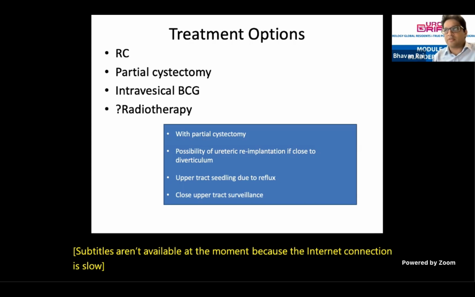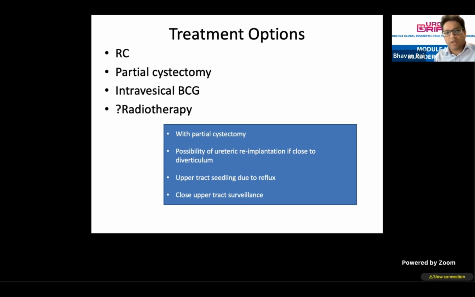But this is one of those cases which requires close and careful consultation with the patient. This is a shared care decision process, and I don't think there's any convincing evidence to suggest one is better than the other. Would the rest of the panel agree with that?